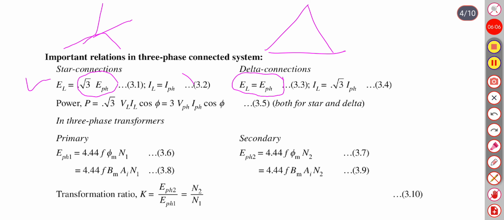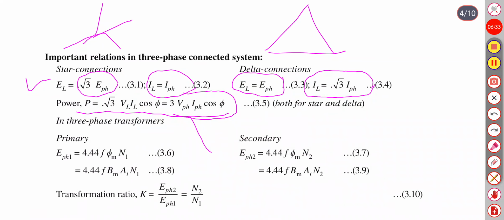The line current equals phase current in a star system, but in a delta system, line current is root 3 times phase current. The power equation in both star and delta will be root 3 VL IL cos phi, or it can be written as 3 times phase voltage and phase current into power factor.